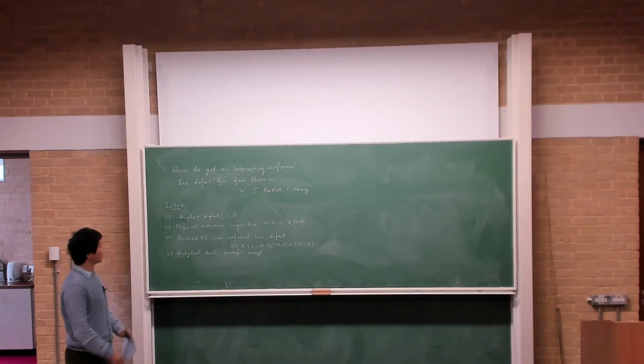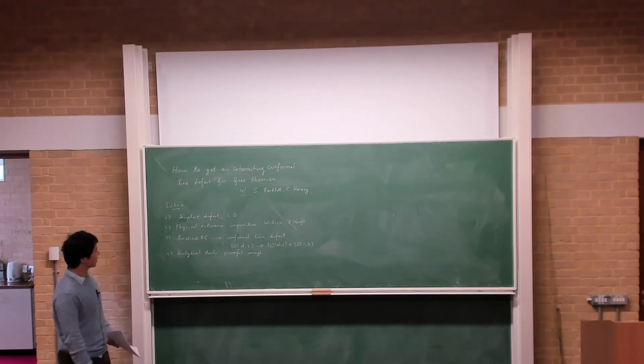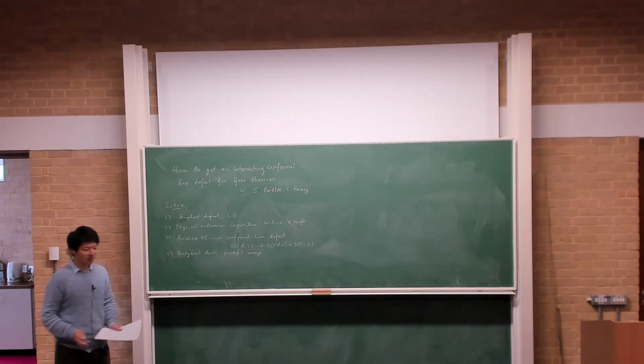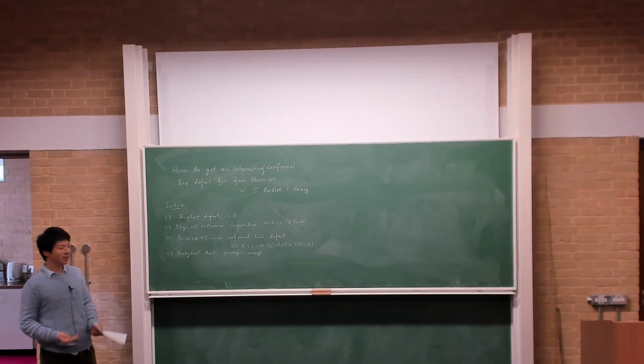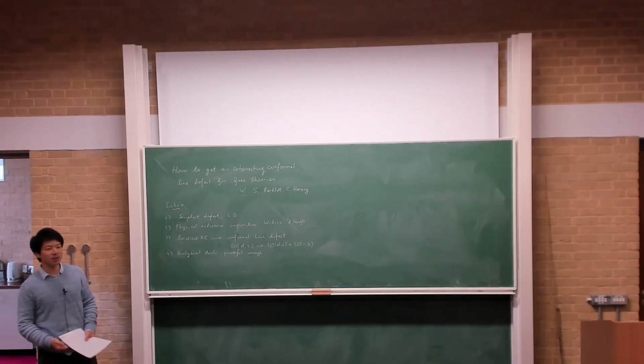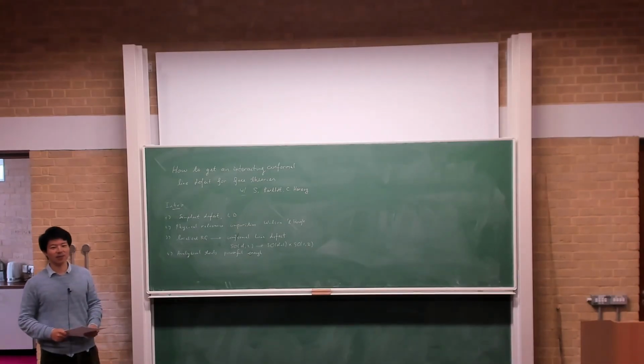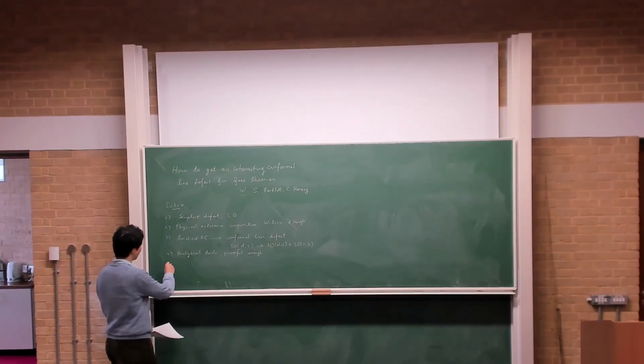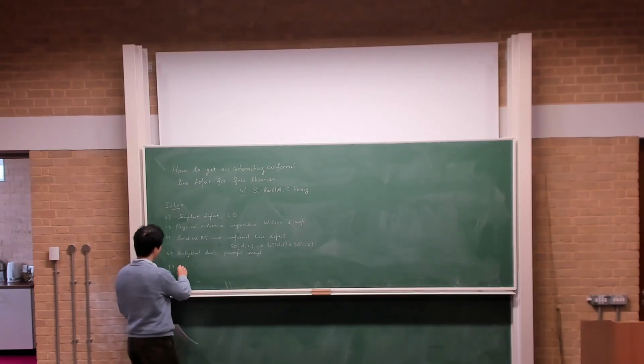The line defect is simplest in this case, and in this setup, we can have a very simple bulk theory, which is just a free theory. That's probably the simplest of the simplest we can think of, and that will be my focus in this talk. So we will have a free bulk theory.